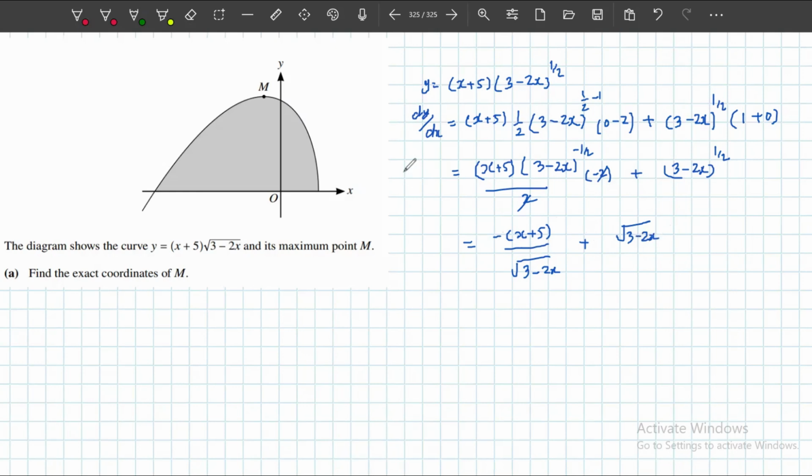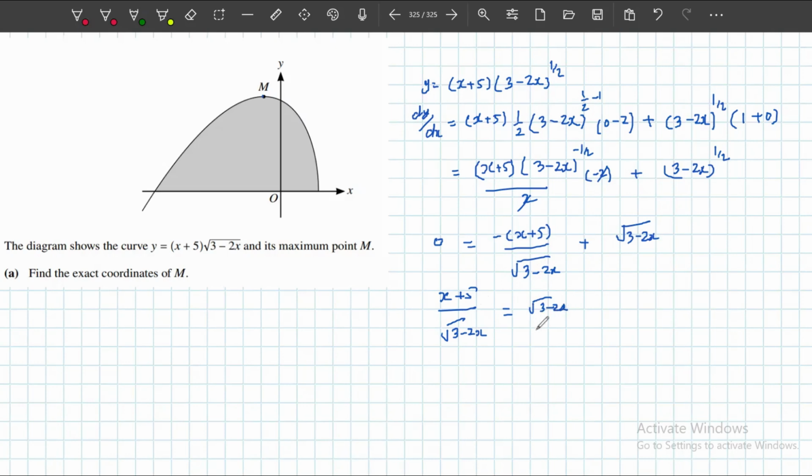After this, as we know that we are looking for maximum point M, at the maximum point the derivative is 0. So left hand side would be 0. Once the left hand side is 0, this can be written like that. If you take this value, x plus 5 over square root of 3 minus 2x, to the other side, it becomes plus, so x plus 5 over square root of 3 minus 2x is equal to square root of 3 minus 2x.